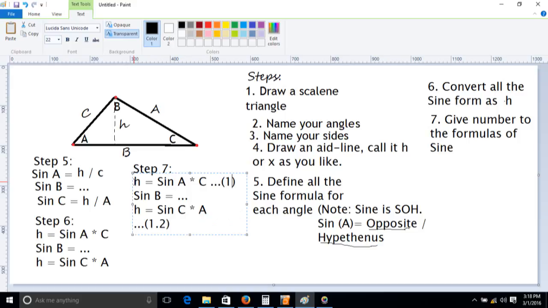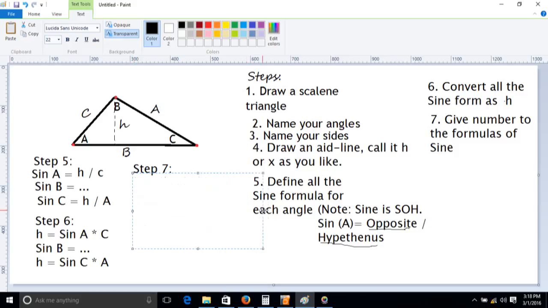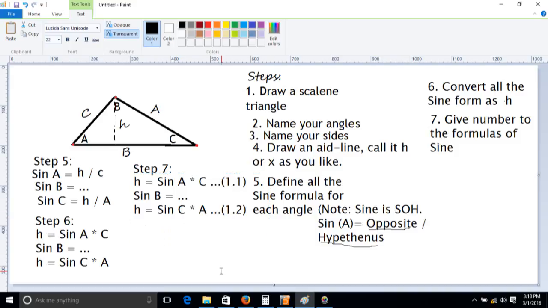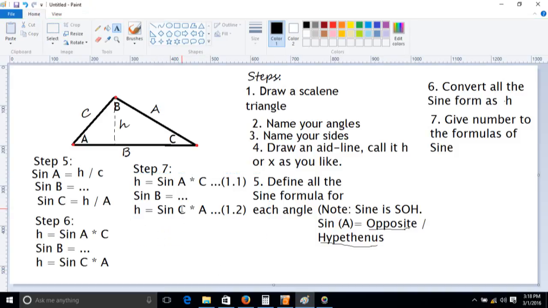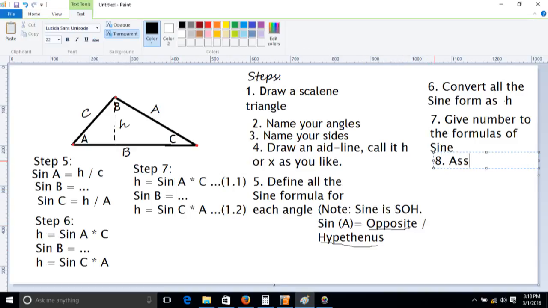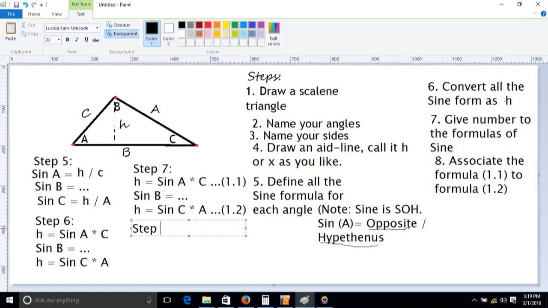Also this will be 1, 1, yes. So it goes like that for step 7. And now step 8: associate the formula numbers, index 1 and index 2. So it goes like this. Step 8.